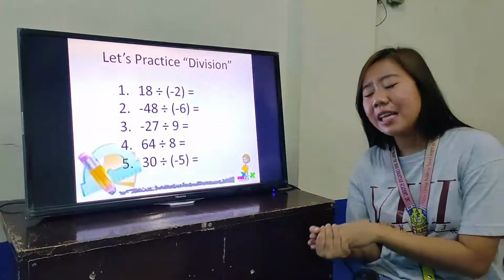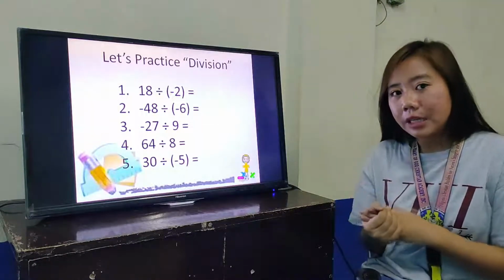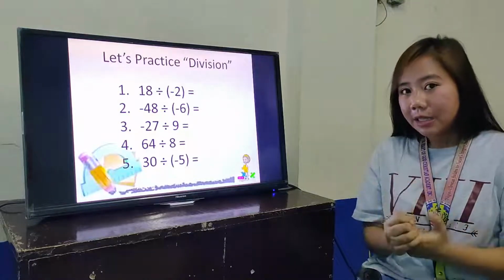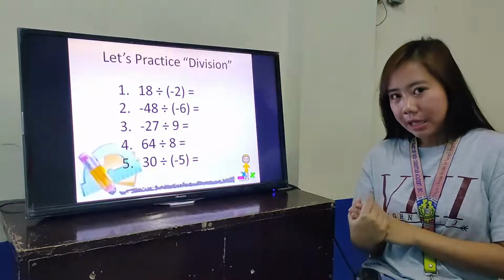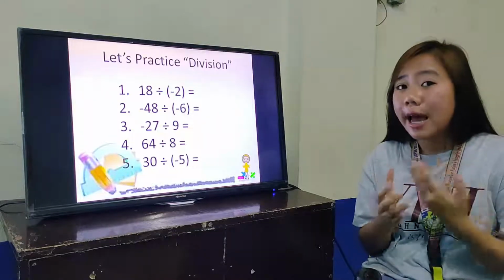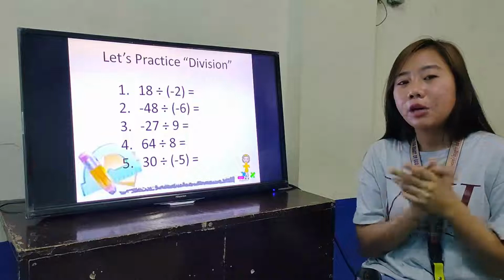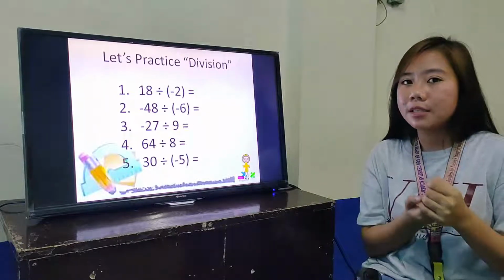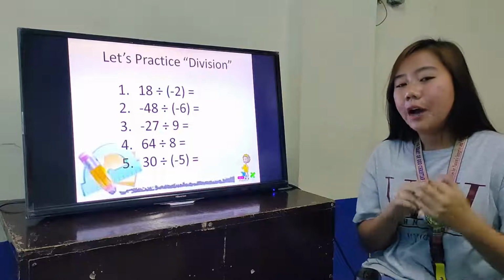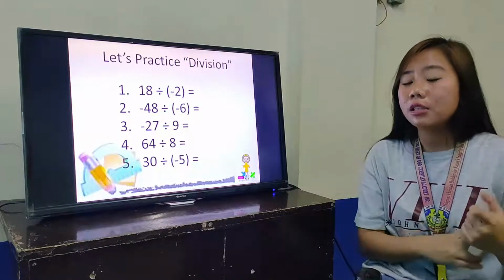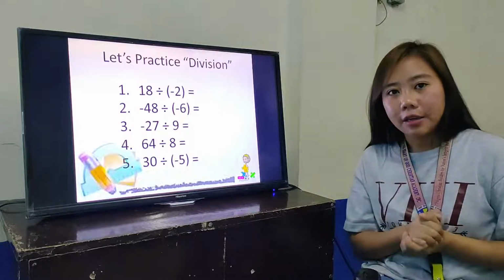Positive divided by negative equals negative, and negative divided by positive equals negative. Okay. Para mas maintindihan nyo lalo, kapag may magkapareho tayong sign, the quotient is always positive. If we have 2 different signs, the quotient or the answer is always negative.